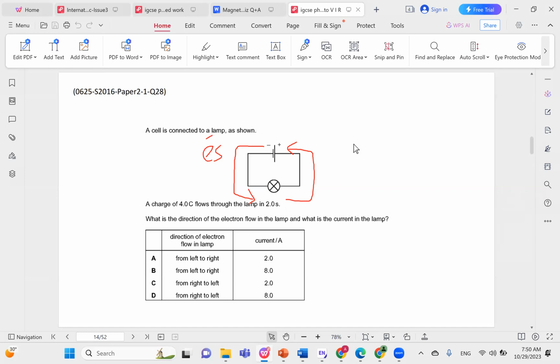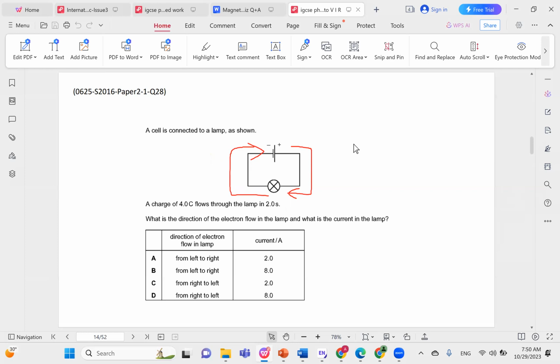So what they did was they decided that there is a conventional current, and it's based on what they previously believed to be the case, which is that positive charges move from the positive terminal to the negative terminal. This is not correct. This is not what happens in reality. But this helps us make easier calculations to analyze the circuit.